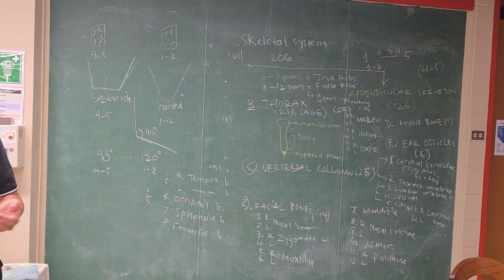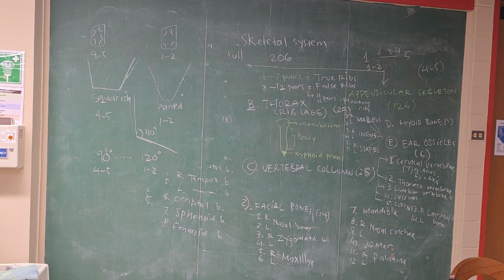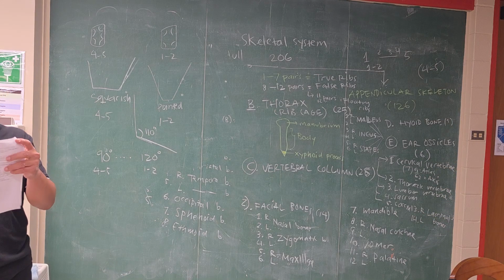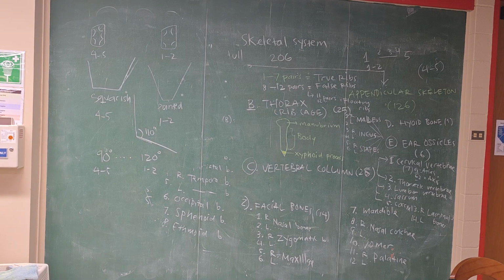Okay, so there is a different number of cusps on the molar teeth between male and female. Then you can put that observation number or the scoring number on your paper over here, and then total them together.